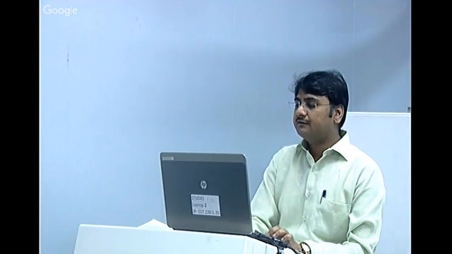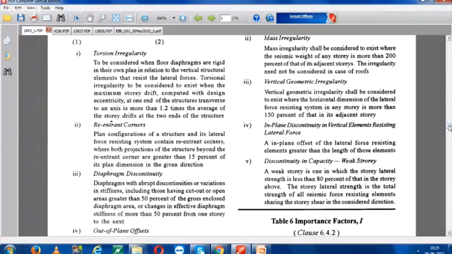Here are the various irregularities, like torsion irregularities. If you have X-shaped structures, L-shaped structures, or other irregular-shaped structures, the torsion effect will be there. It can be understood by a very simple example. If you have done some physics experiments in your +1 and +2, we have concave and convex lenses.